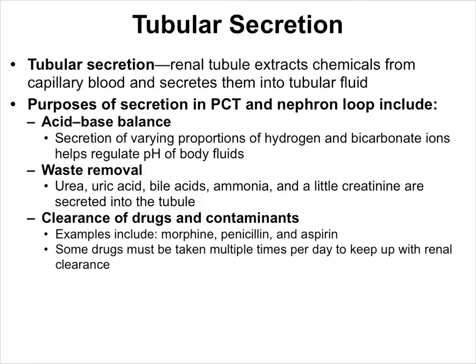Generally speaking, if you have a lot of creatinine in your urine, that can be indicative of liver failure and kidney failure. So, also drugs and contaminants. Morphine, penicillin, aspirin, lots of other drugs are actively transported, secreted into the urine.